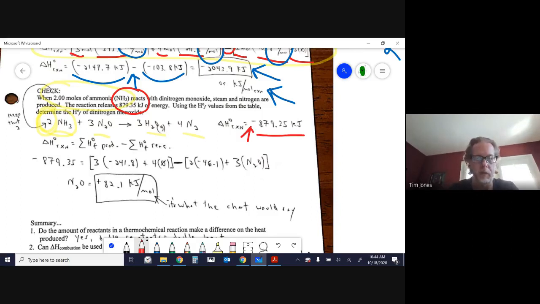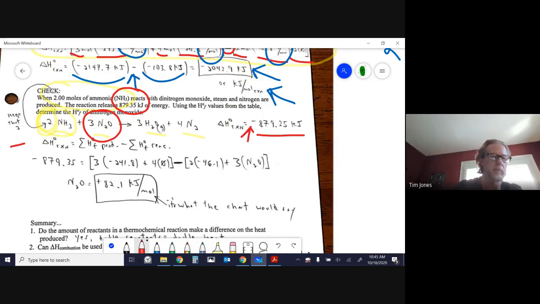And what they're asking us to solve for is the delta H of formation for dinitrogen monoxide. In other words, it's asking, what would the chart say for this chemical if we were to look it up? And by the way, it's not on the chart, which makes this a good problem. So you can't look it up easily. You have to do the problem.